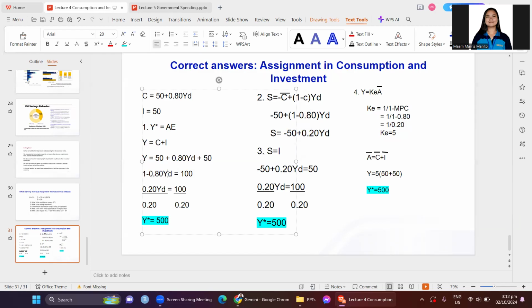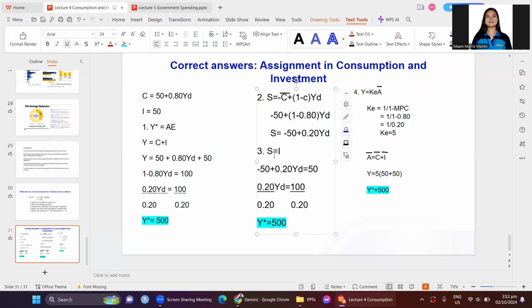Eventually this YD is denoted as just Y, because disposable income has not yet been discussed in this part, so we'll just consider YD to be Y, the equilibrium output. So 1 minus 0.80 is 0.20. You divide that on both sides, so the equilibrium output is 100 divided by 0.20, which is 500.